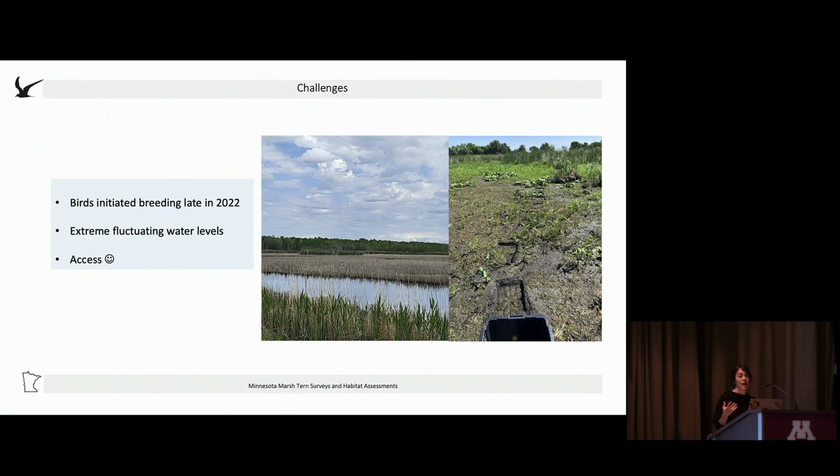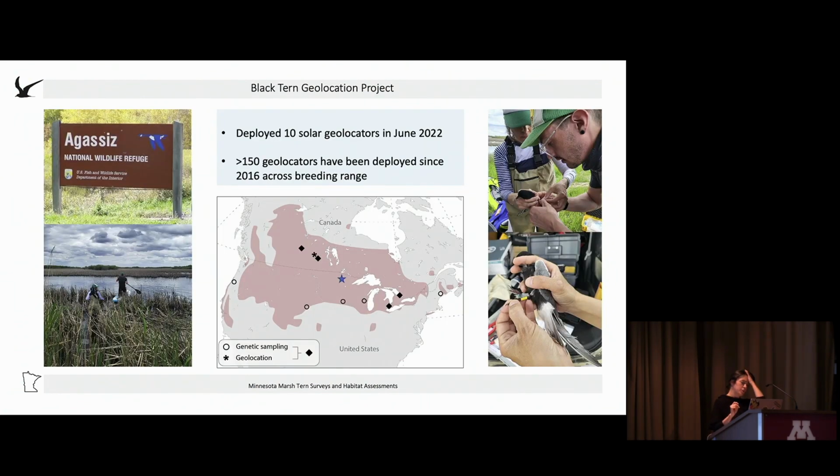Water levels were really high, so even at sites that shouldn't have been as difficult to access, they were. And then those water levels in some places became extremely low in mid to late July when people went back to get the emergent traps, some of which were just sitting on top of mud. So it was a little bit tricky, but we definitely learned some things about that, and we'll be proposing to do the same thing this year.